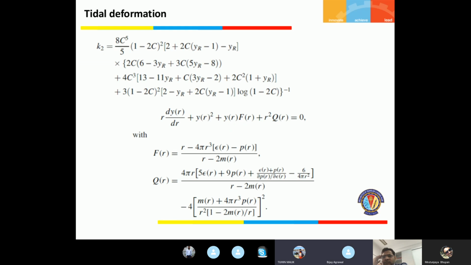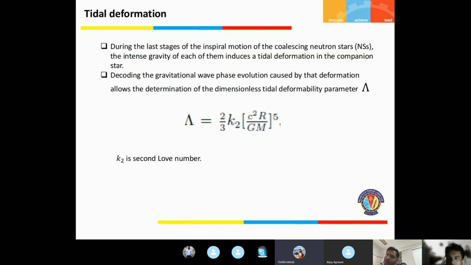If you are able to calculate y at the surface, then one can calculate the Love number k2, where r dy/dr plus y(r) squared plus y(r) and so on equals 0. Now, this equation has to be solved together with the TOV equations, because the equation of state enters here also. So this equation and the previous structure equation, the TOV equation, have to be solved together to calculate the Love number. If one knows the Love number, then one can calculate the tidal deformability for this particular equation of state.